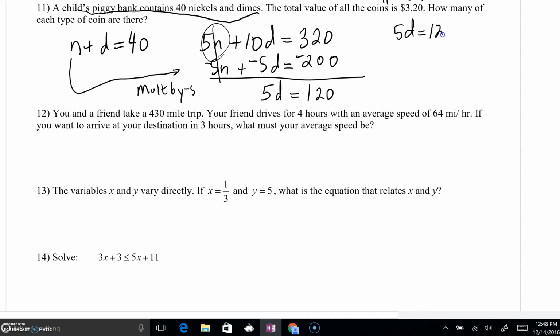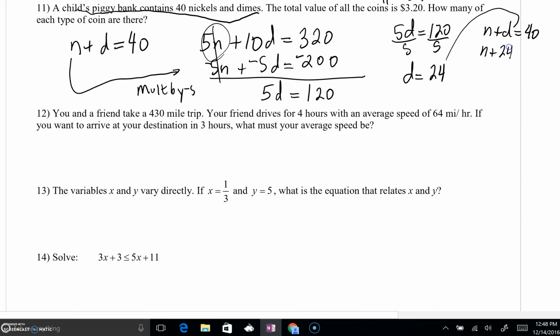At this point, we can divide to find the number of dimes. 120, when you divide by 5, you should get 24. You can double check that on your calculator. Now, we also know that n plus d is equal to 40. That was our first equation.